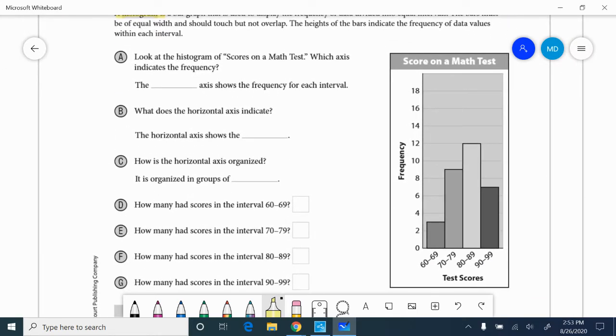We're going to look at the histogram of scores on a math test. Which axis indicates the frequency? So we're looking at this graph over here, and our frequency is running vertically. So that's our vertical axis.